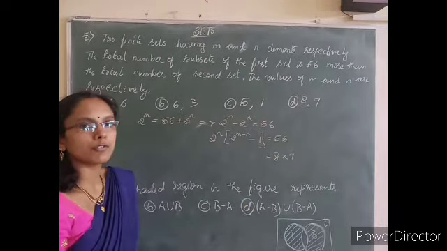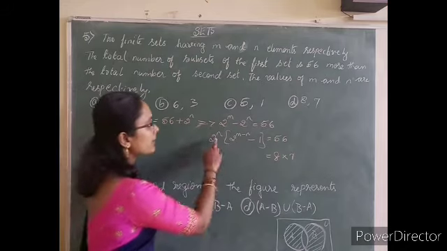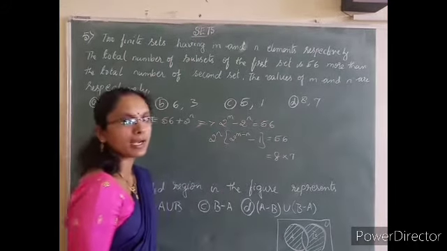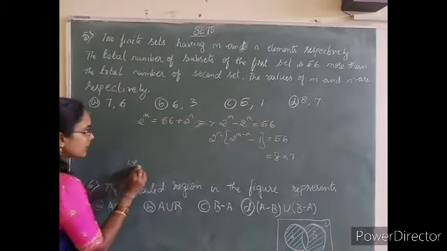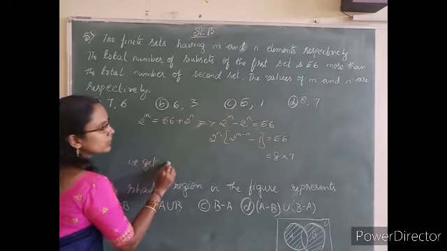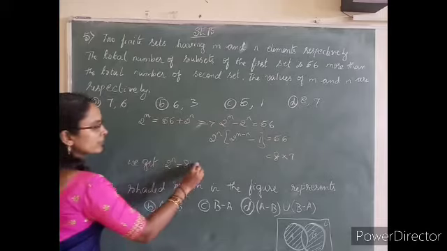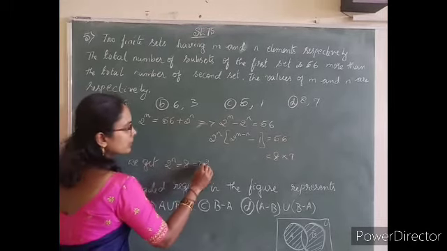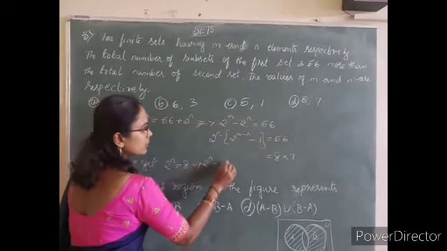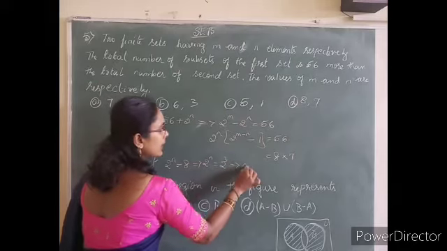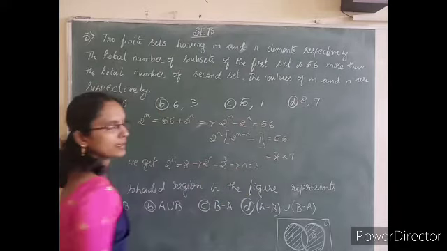8 sevens are 56. So comparing the left hand side and right hand side, we get 2 to the power n is equal to 8, which implies 2 to the power n is equal to 2 to the power 3. So n is equal to 3.